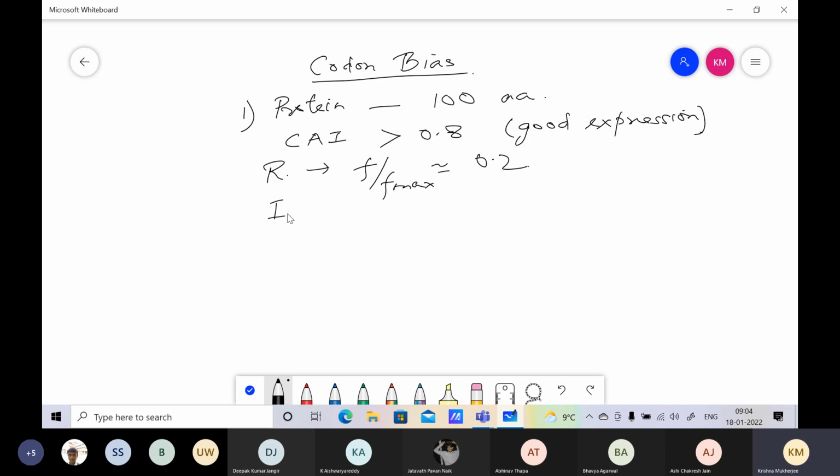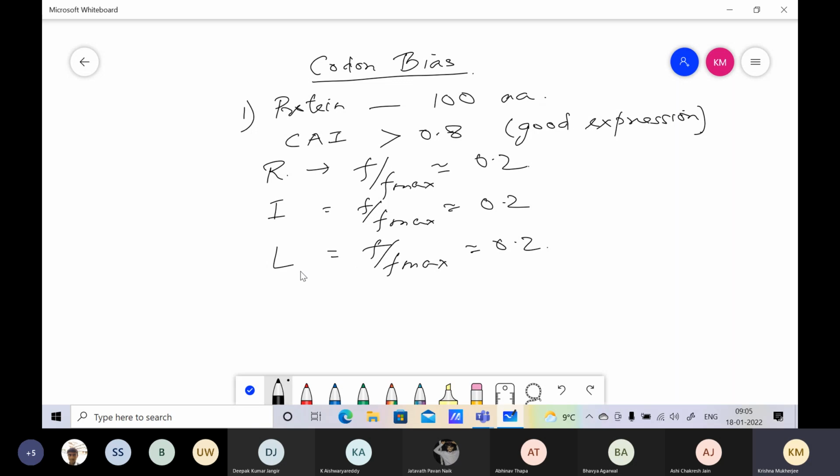And there is an isoleucine which is also 0.2. And there are leucines, and I'm just putting easy numbers so that we can do simple math. Real values must obviously be different. And the F by F max is also 0.2.